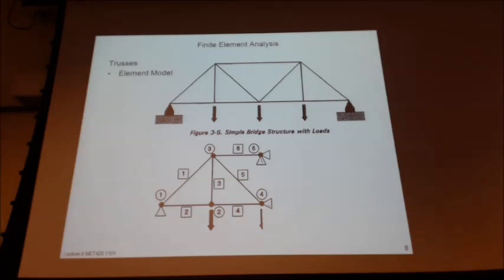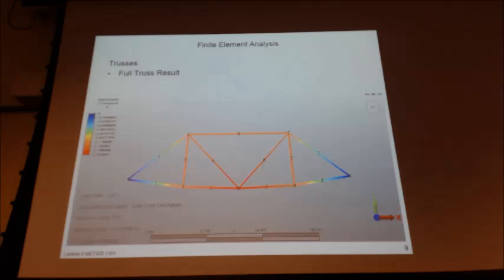Okay, so if we analyze, this isn't a very big system, and so it analyzes fairly quickly. So if we do the full truss result, then our max displacement is at node 3 and we get 0.16 inches.